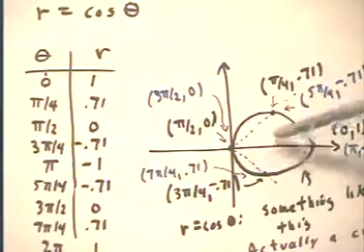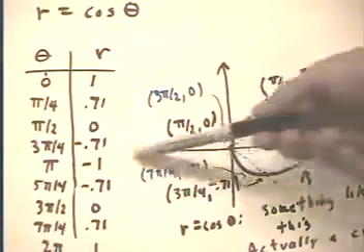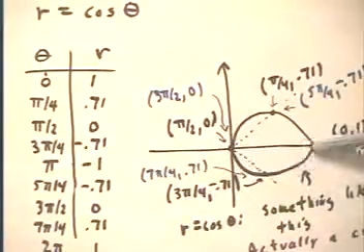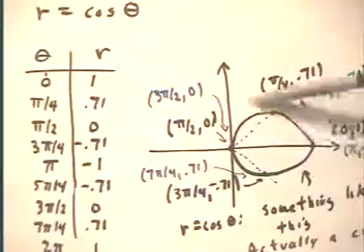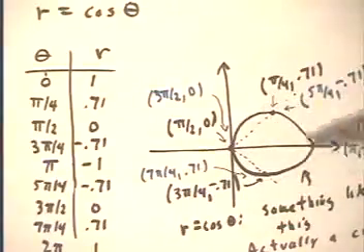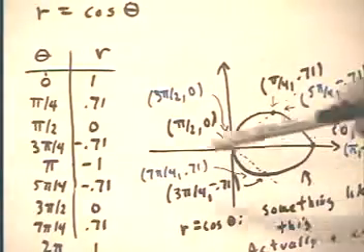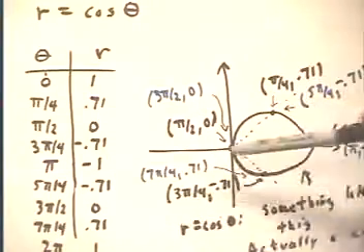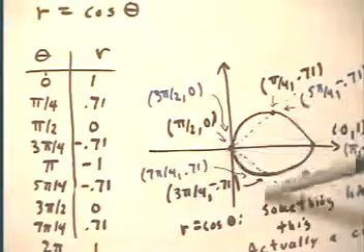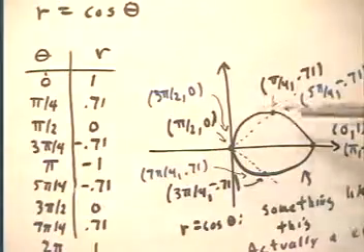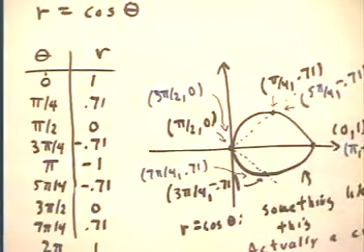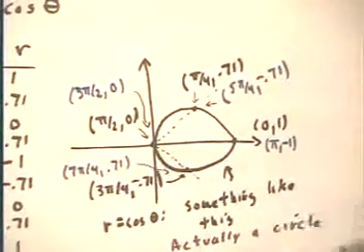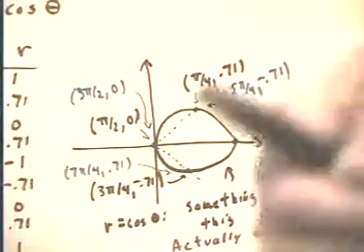Just like when we came around to pi, we had negative 1. Pi was out in this direction, but negative 1 brought us back this way. So you see, we've just repeated the same points. And that's going to happen for all the points between the angles that we've listed here. We're going to just repeat the same curve. As we said, this curve is a circle. It's actually a circle, and we're going to see why that's so in a minute.